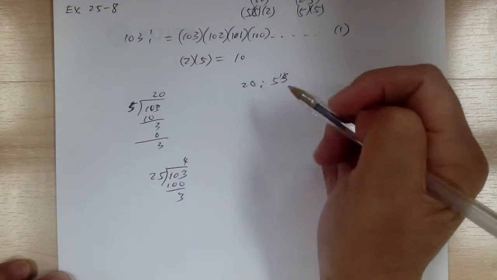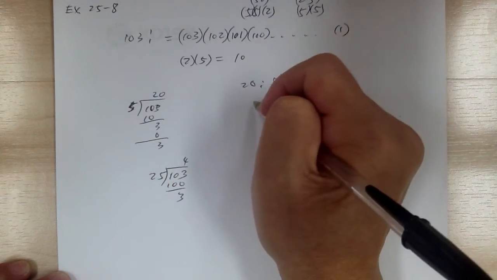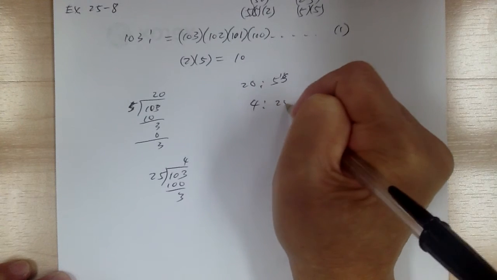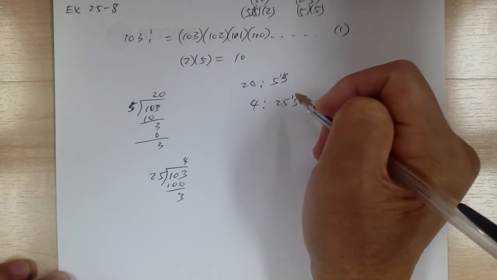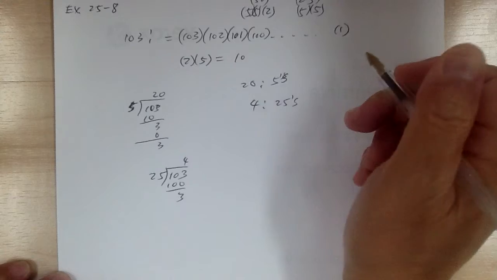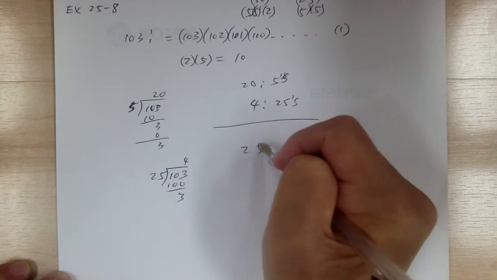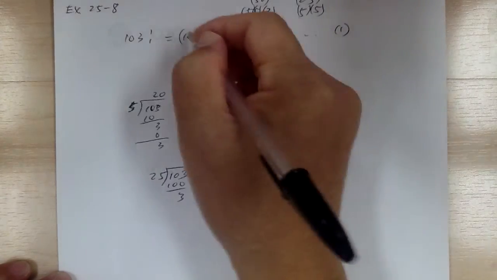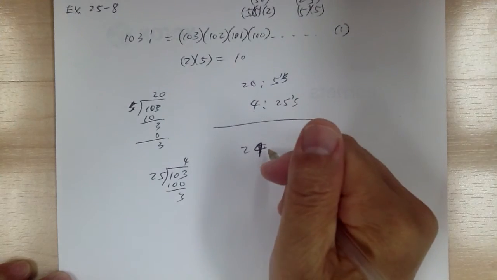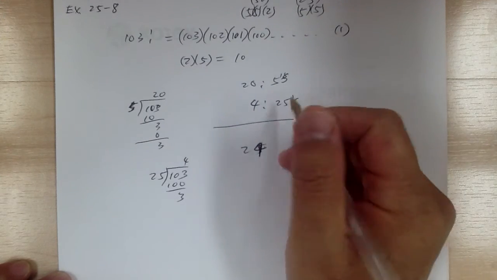There are 4 extra 5s for the 25s, and so that's it. The answer will be 24. There are 24 5s in here, and therefore there will be 24 zeros once you multiply everything up.